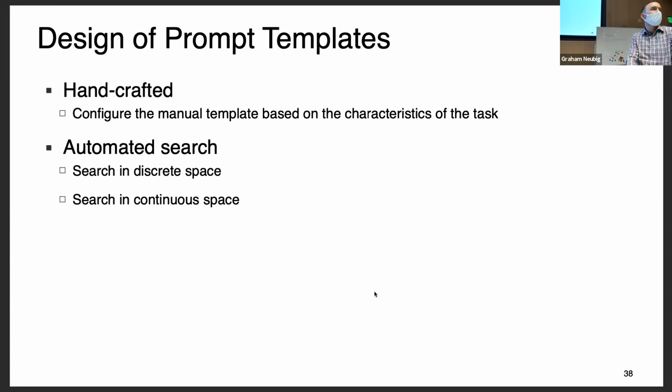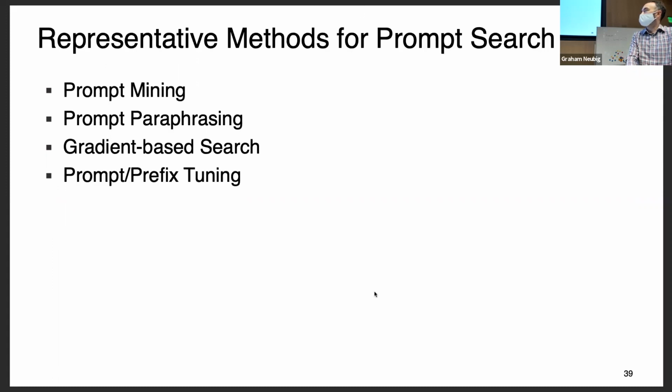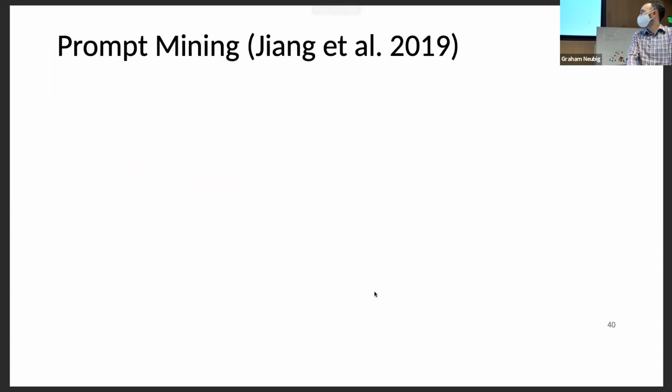So not worry about the prompts being in the language that we're interested in, but rather just search for them as parameters of the model. So I'm going to introduce 4 methods. The first one is prompt mining, then prompt paraphrasing, and gradient-based search. The first 3 are discrete prompt search methods, and then there's also prompt and prefix tuning, which are continuous methods.